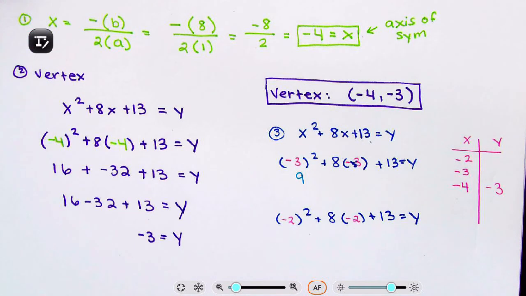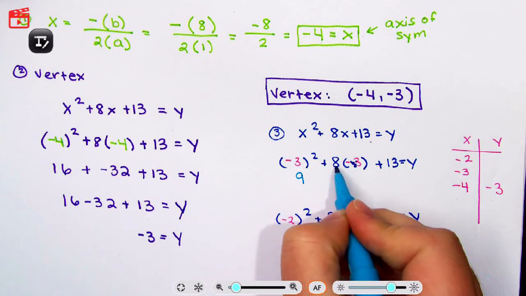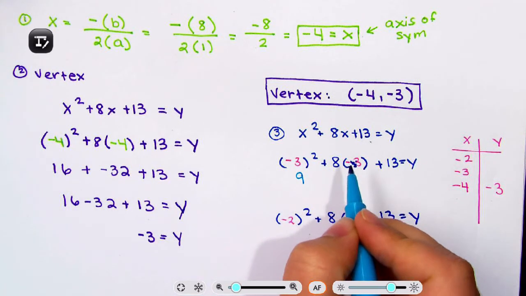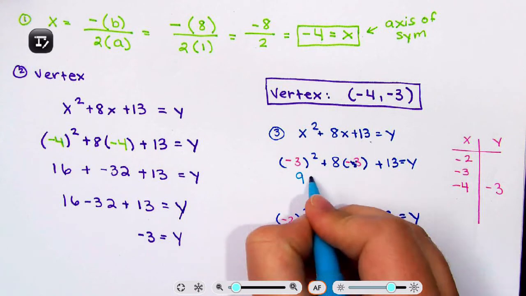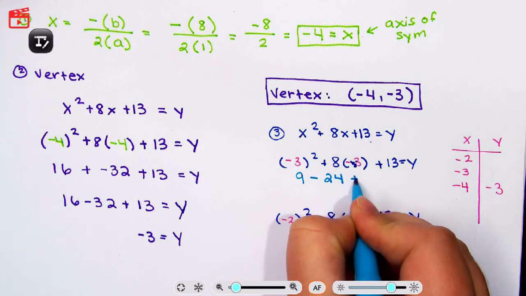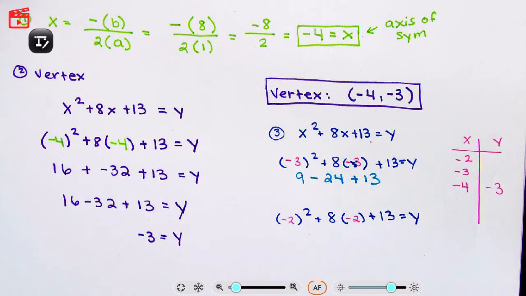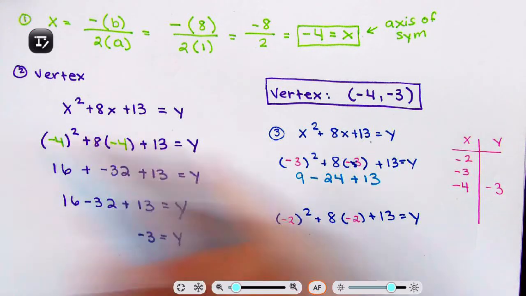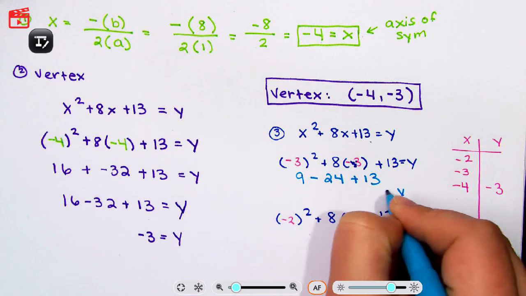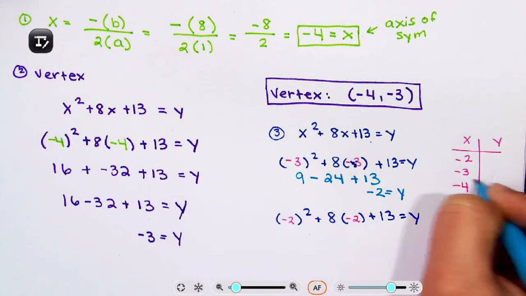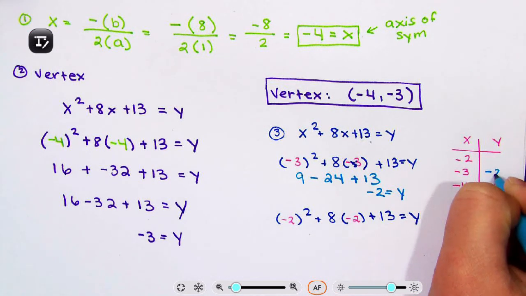So simplifying this, we have -3 times -3, which is +9. 8 times a -3, that should give us a -24. Then we have a +13. Again, using my calculator, I have 9 minus 24 plus 13. That gives us a -2. So when our input was -3, our output was -2.